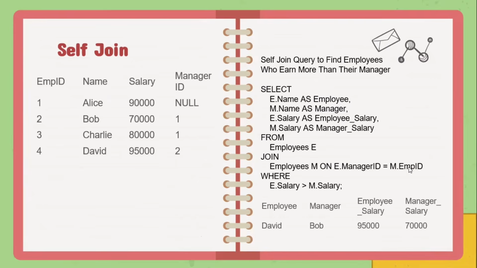So let's see here that we are considering this whole table as two tables. Suppose we have two tables, employees and another table with the same name, employees. For the first table, we are considering employee ID as the primary key, and for the second table, we are considering the manager ID as the foreign key.